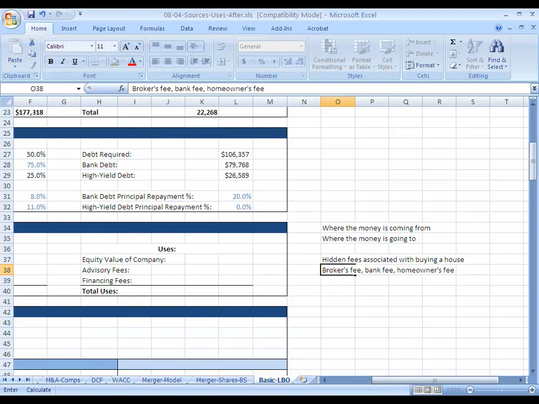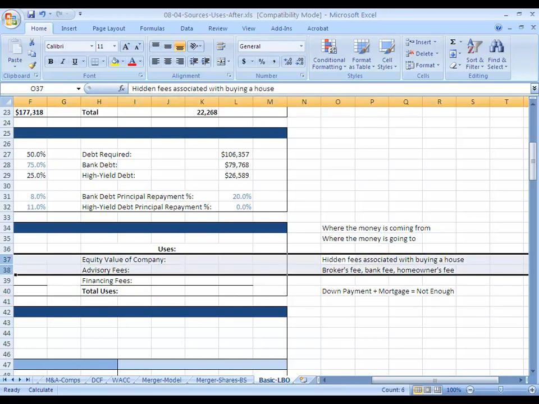And so there are many fees associated with buying a house for the first time. And so if you just look at how much cash you're putting down, the down payment, and the amount of debt you're taking on, the mortgage, oftentimes the down payment plus the mortgage is not enough. And so you need extra funds to cover these hidden fees, these extra fees associated with actually making the purchase of the house or the company.